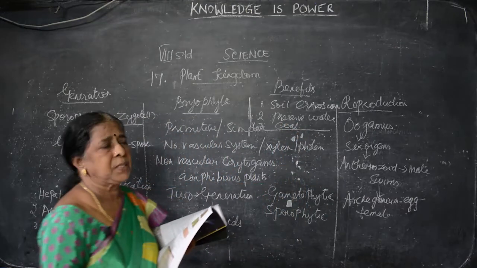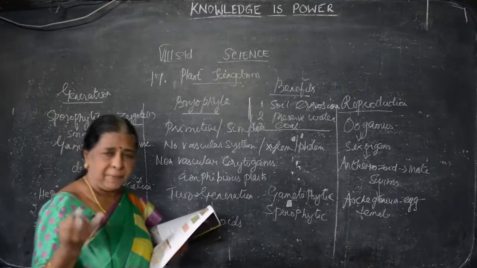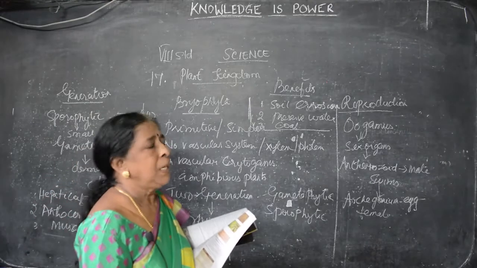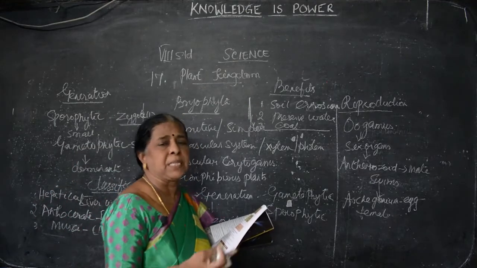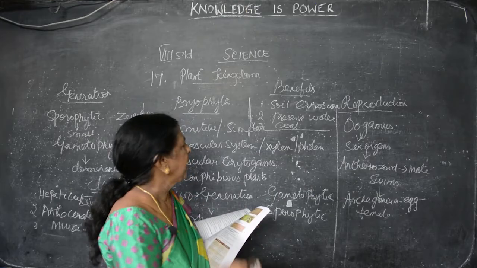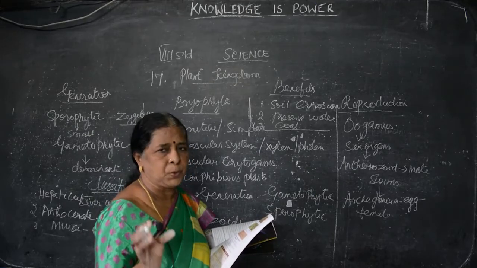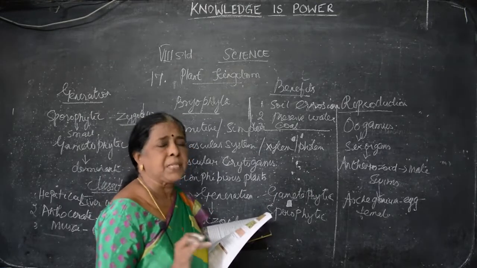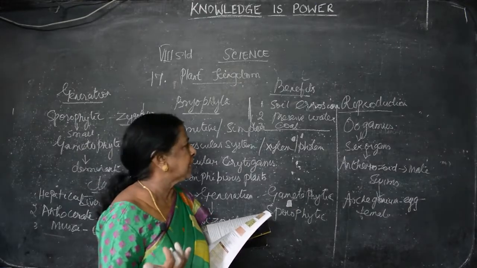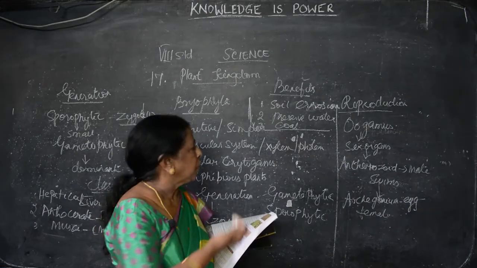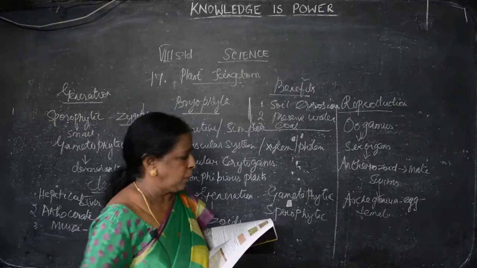So what are the benefits of bryophytes? It prevents soil erosion, it preserves water, helping other plants in the nursery, and it can prepare a kind of coal, that is peat. Peat is one kind of coal. So coal is prepared by using bryophyte plants.